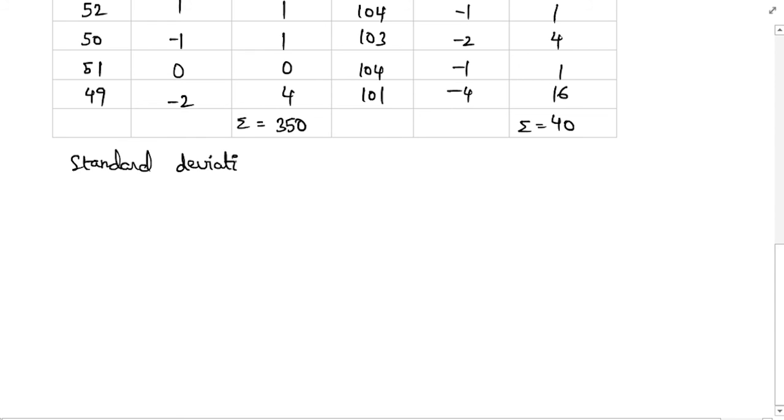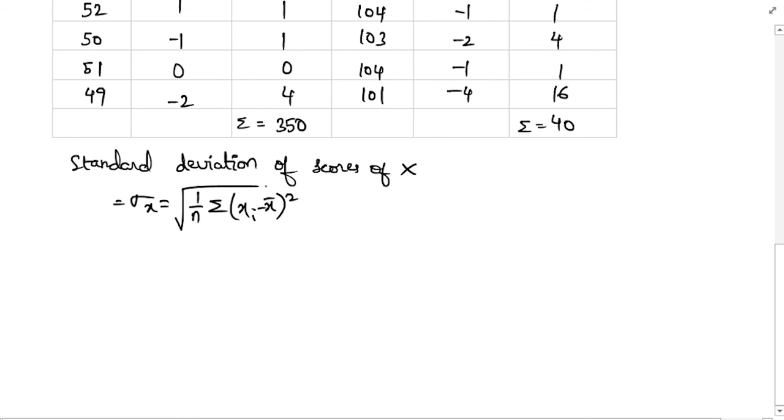The standard deviation of scores of x is sigma x, which is equal to the whole root of 1 by n into the summation of xi minus x bar whole square. Okay, which is equal to 350 here we got, divided by the n value, which is 10. So this is equal to 5.92.